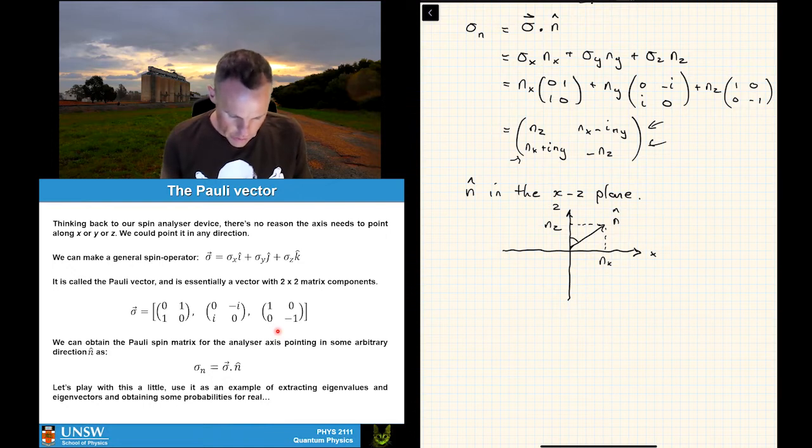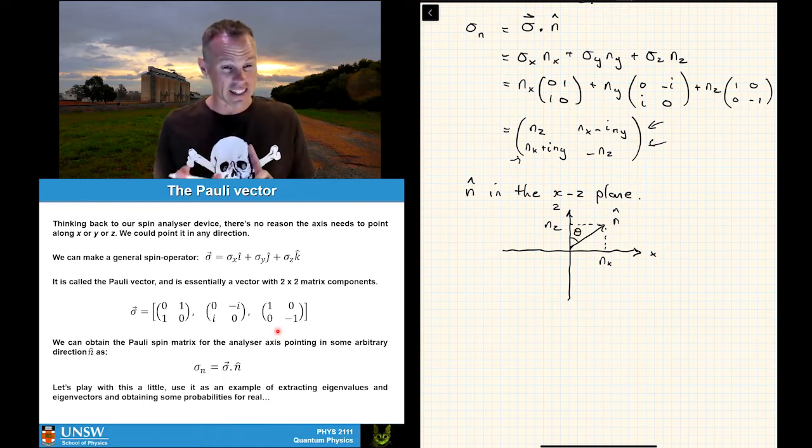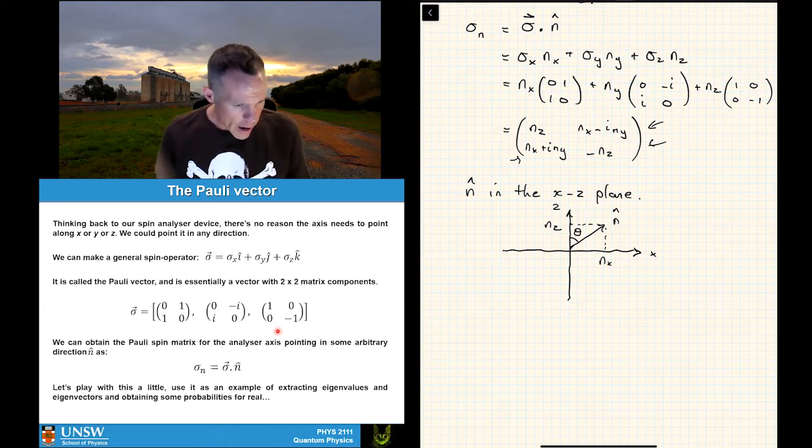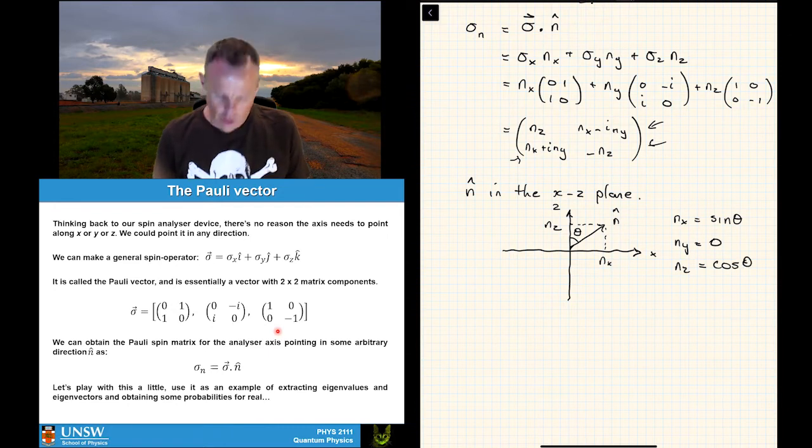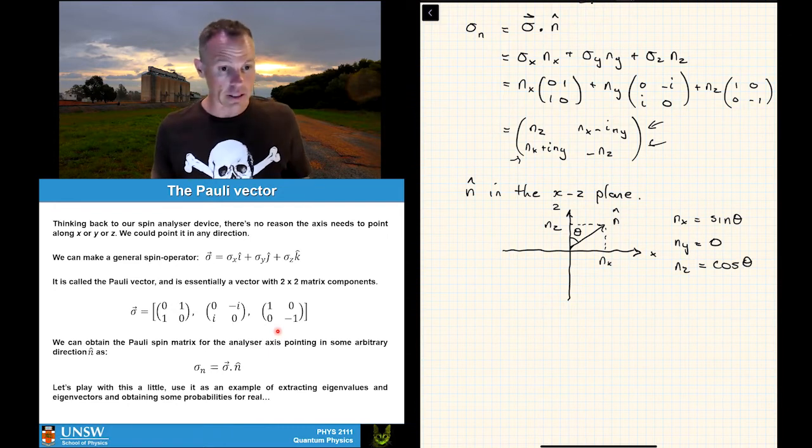And we could define some angle theta to the z-axis. What we would know here is that nx is equal to sine theta, ny is equal to 0, and nz would be equal to cos theta. And you'll notice that I've got no prefactors in those because n hat is a unit vector, so it's got a length of 1, okay?